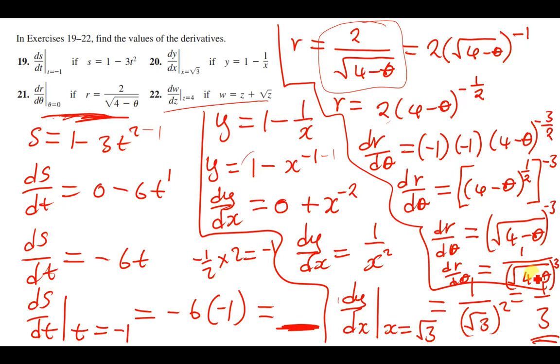If you want, you can simplify this further. Let me see where I can simplify it from. There's no space here. Okay, I'm sure you can see.